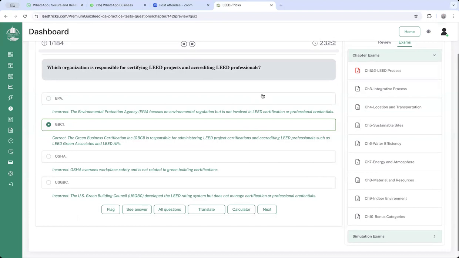These 3. Okay, clear? But GBCI is responsible for accreditation. So when you take the course and study, you go for the exam, who will give you the final accreditation? GBCI. Any question?